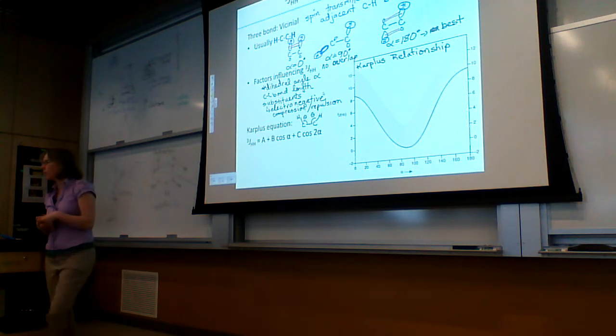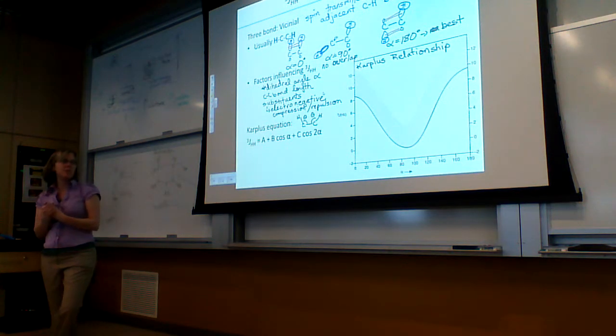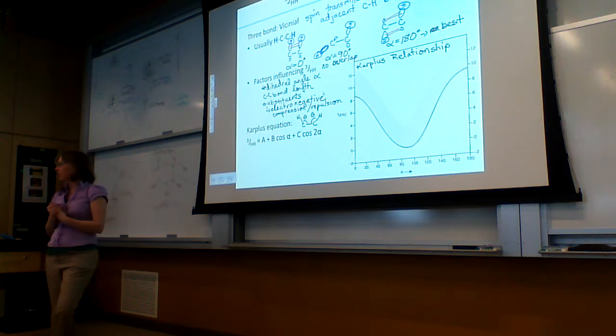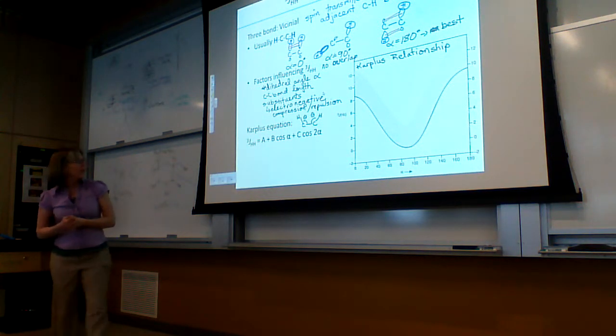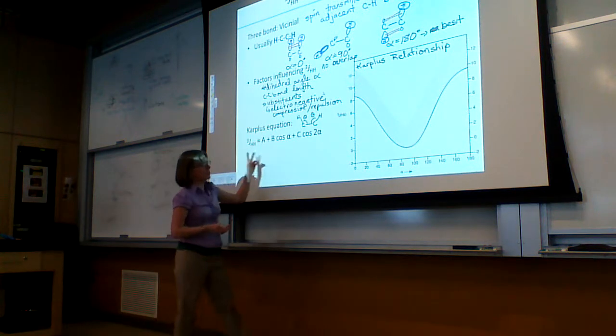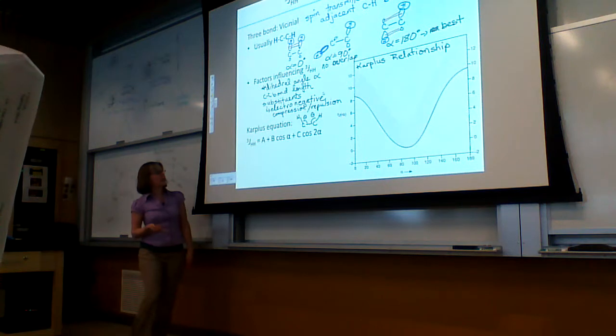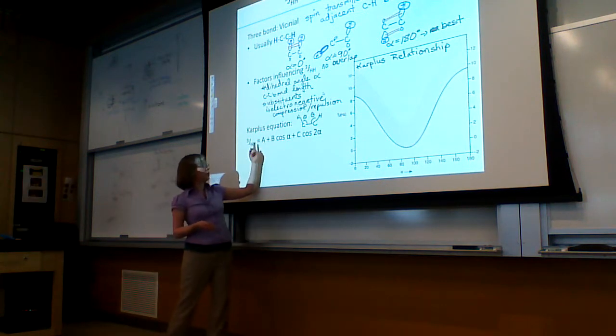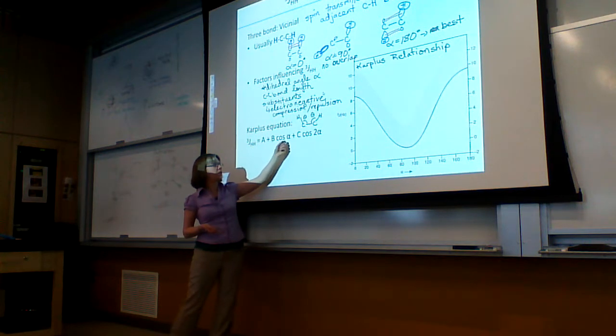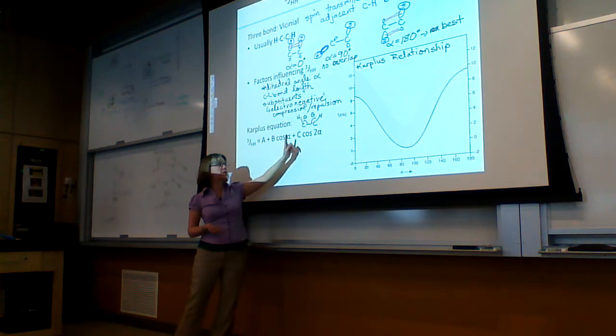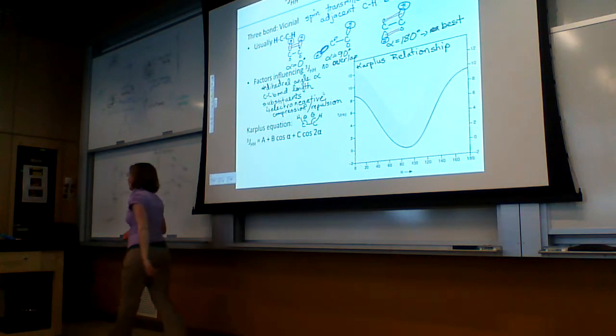Just because the coupling constant is a little smaller than the Karplus relationship predicts, doesn't mean that it's a different angle. It could be some other factors that are affecting it. And the Karplus equation is J3 for the hydrogen is equal to A, some constant, plus B, another constant, cosine alpha, plus C cosine 2 alpha.